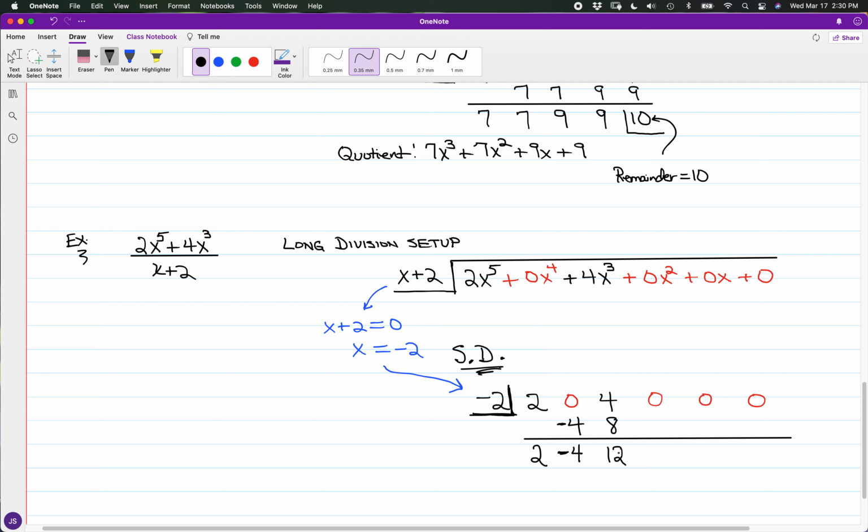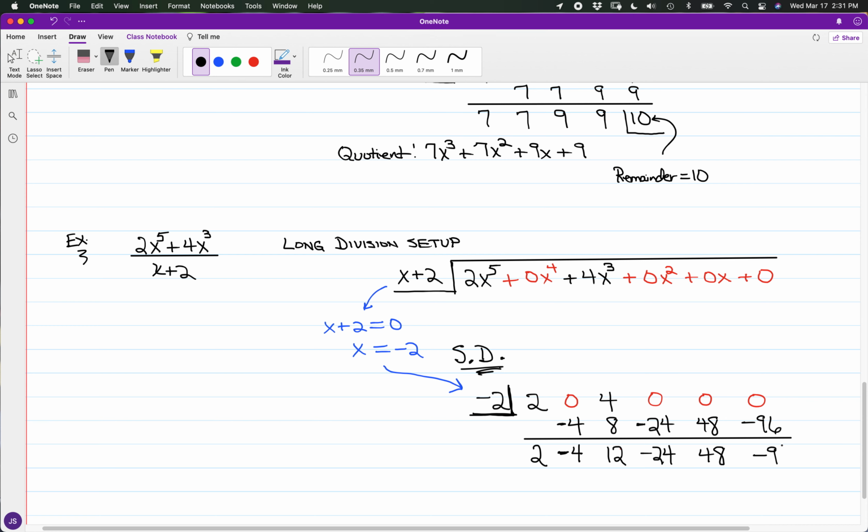Next, negative 2 times 12 is negative 24, and 0 plus negative 24 is minus 24. Next, negative 2 times negative 24 is 48, and 0 plus 48 is 48. Then negative 2 times 48 is negative 96.